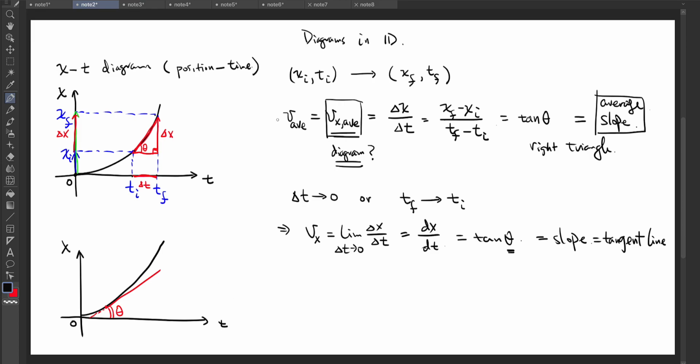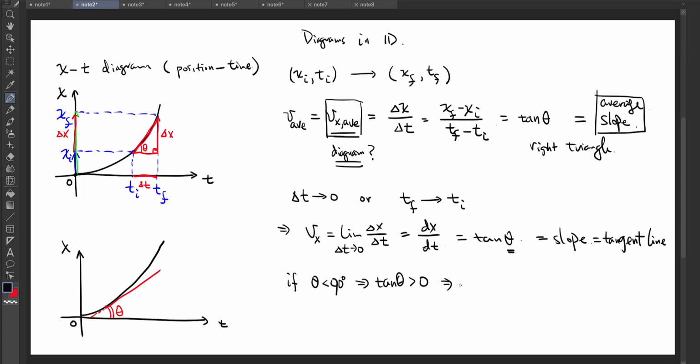So now let's look in detail at the theta angle. Theta angle is with respect to the horizontal axis t. Now in this case here, this angle is less than 90 degrees, or an acute angle. Theta is less than 90 degrees. Then tangent theta is positive.